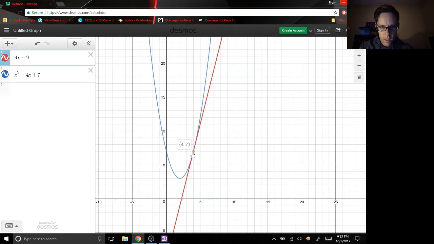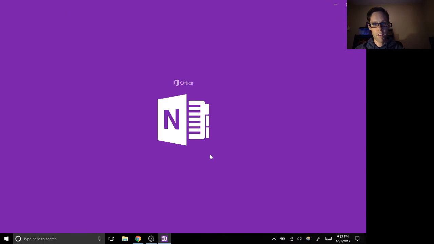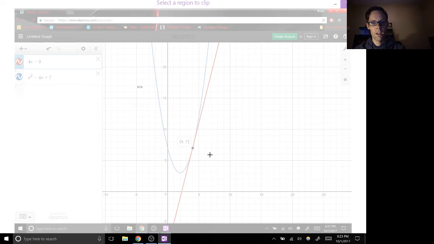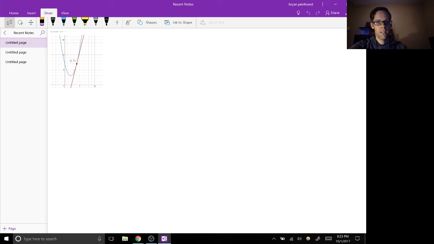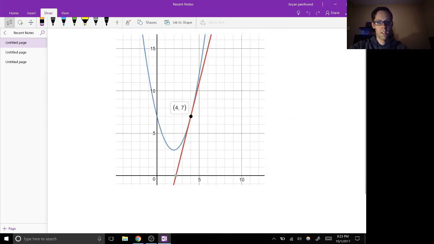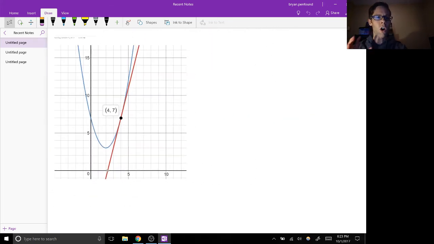So it looks like these functions do intersect at (4, 7). So we're going to be using a squeeze theorem kind of thing. Our function is always going to be bounded above by this blue parabola, and it's always going to be bounded below by this particular line.